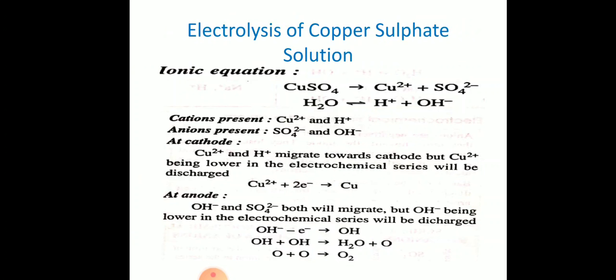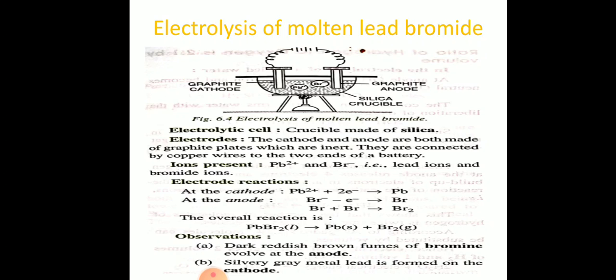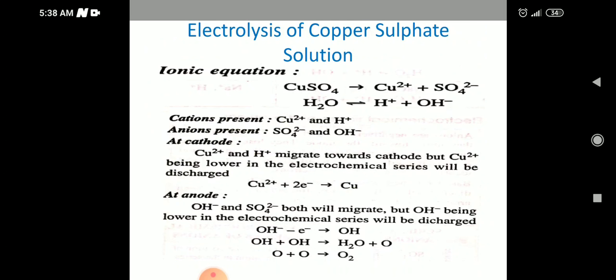Next, let us try to understand the electrolysis of copper sulfate solution, how the process takes place and what the different reactions are, just to understand the previous table. Copper sulfate solution means there is copper sulfate as well as water.